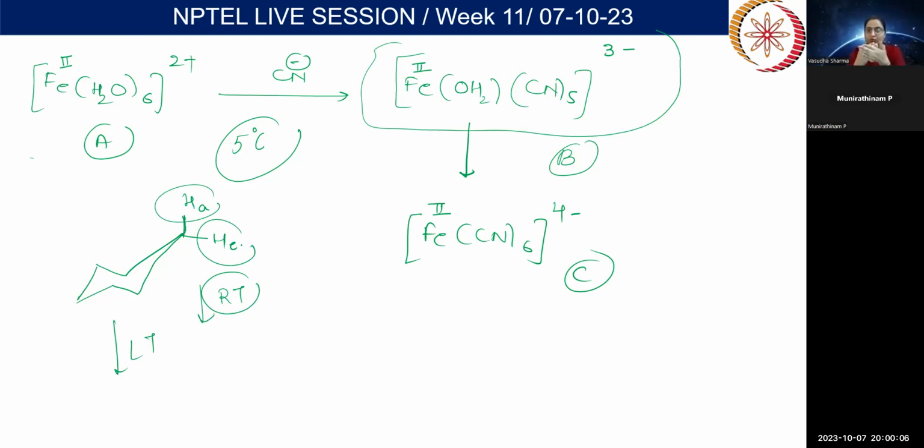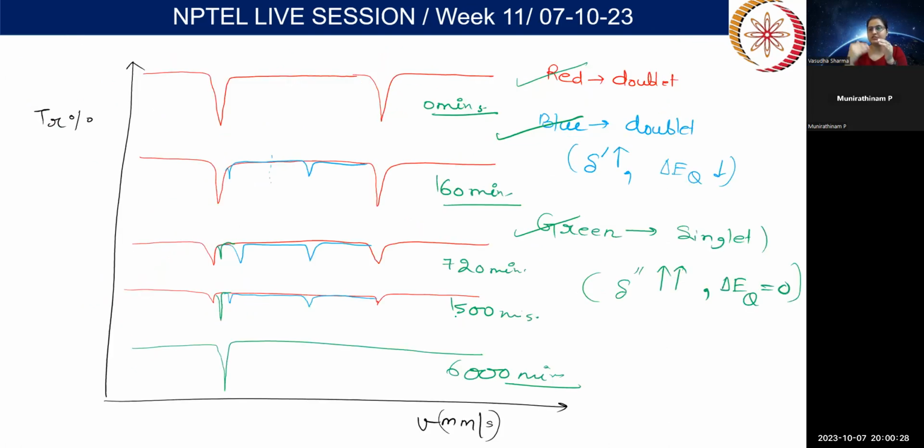Similarly, at low temperature we can see the exchange happening and the complexes could be identified. But if it is happening at a very high temperature, the ligand exchange is so fast that we can't even identify it. It will start with this A and end up with this one, and we can't see the intermediate. So at low temperature only, we can see these kinds of transitions which are happening.